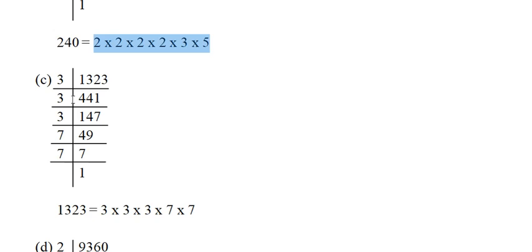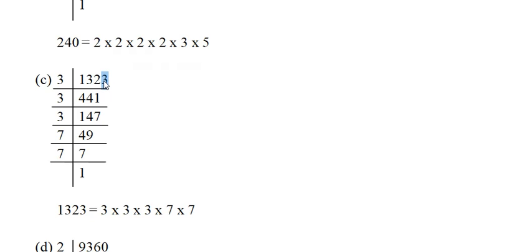And how do you know which number to use? Have a look at the last digit. If the last digit is an even number, that is, the number can be divided by 2 completely, then start with number 2. But if the last digit is odd, then you should try it with 3 first.